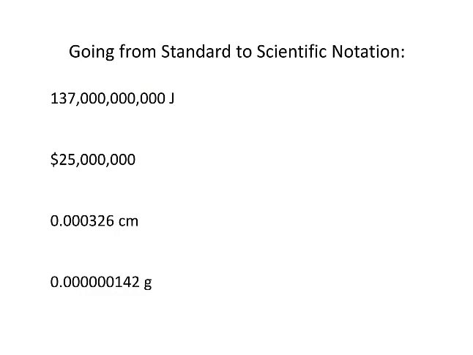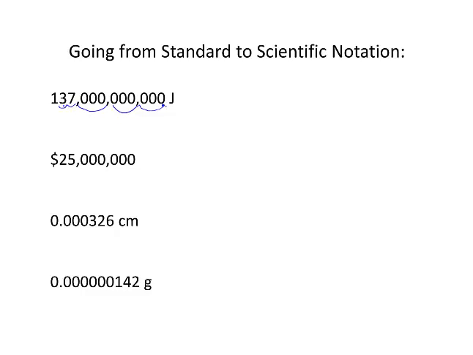Let's look at some examples. First off, let's go from standard to scientific notation. Here we've got 137 billion joules, and we're going to want to write this in scientific notation. The way I'm going to do this is I'm going to start where the decimal place is, and then count the number of spaces I need to move that decimal place. Let's see, 3, 6, 9, 10, 11.